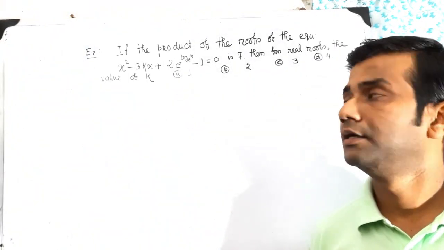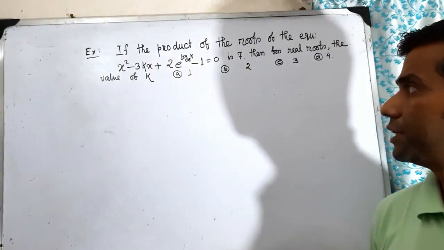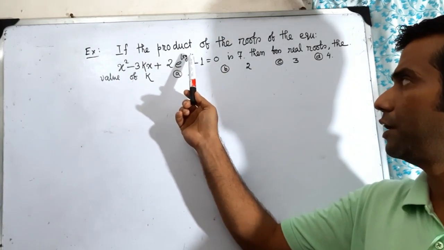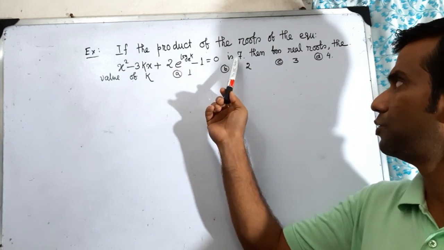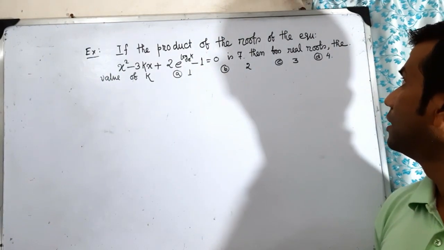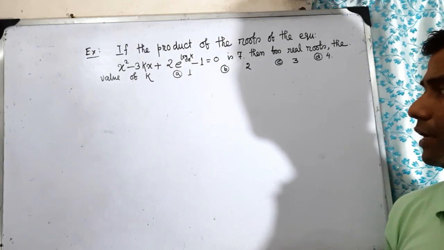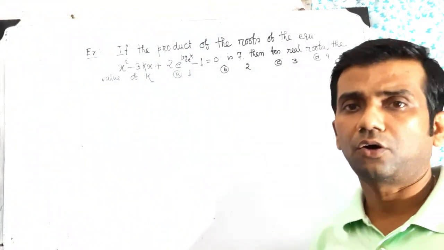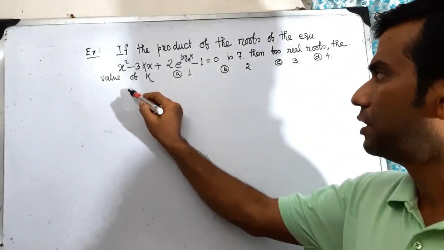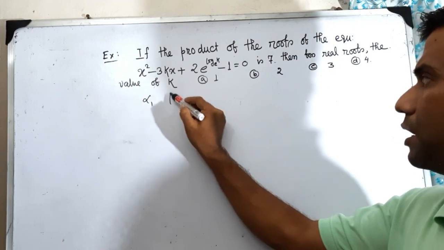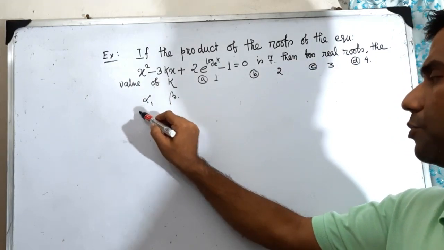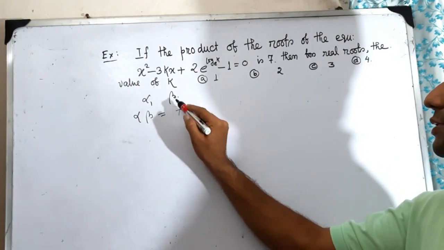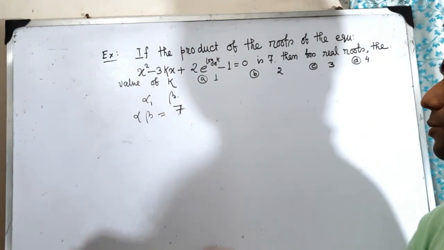Here it is given that if the product of the roots of the equation x square minus 3kx plus 2 e to the power (log k base e) minus 1 is equal to 0 is 7, then the real value of k is 1, 2, 3, 4. It is given that the product of the roots, means if the roots are alpha and beta, then the product of roots alpha beta is equal to 7.